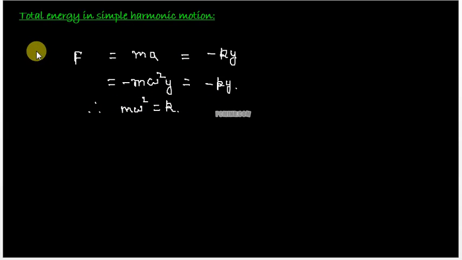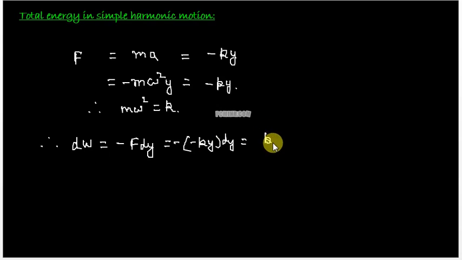Hence, what is the potential energy? The work done against this restoring force will give me the potential energy of the simple harmonic motion. If dw is the small amount of work done in displacing against the restoring force, that would be F dy. That's the negative of minus ky dy, which gives me plus ky dy.